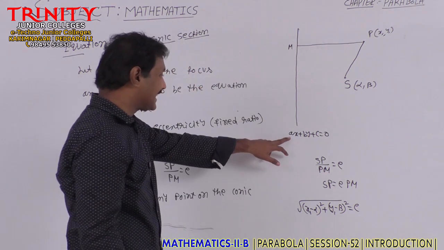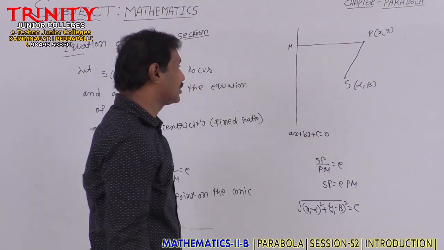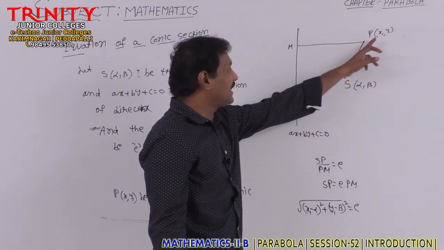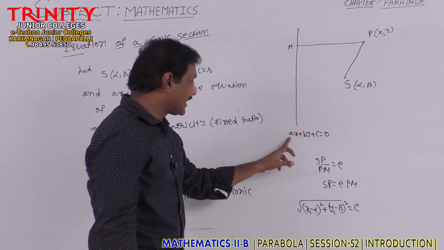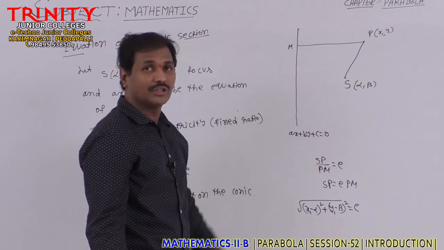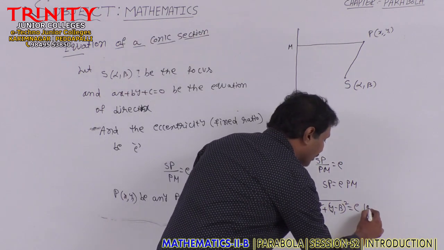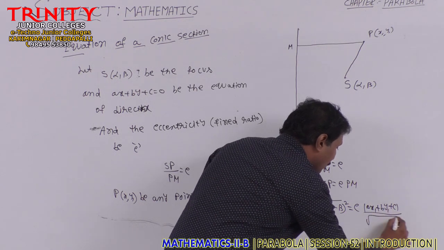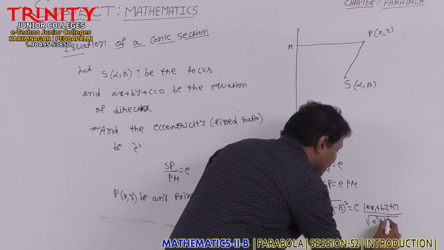If the equation of the directrix is ax + by + c = 0, we know that the perpendicular distance from point P(x1, y1) to the line is modulus of (ax1 + by1 + c) by square root of (a^2 + b^2).